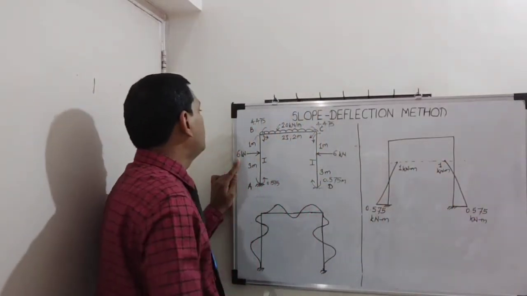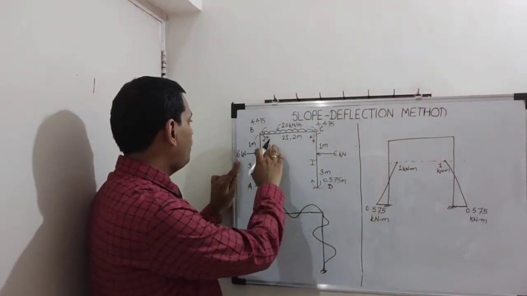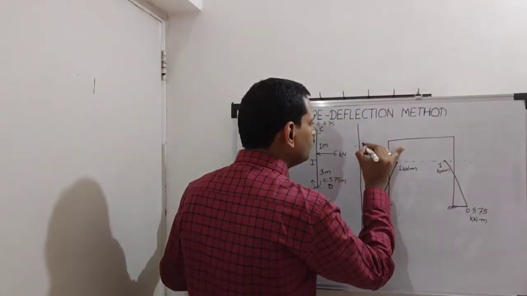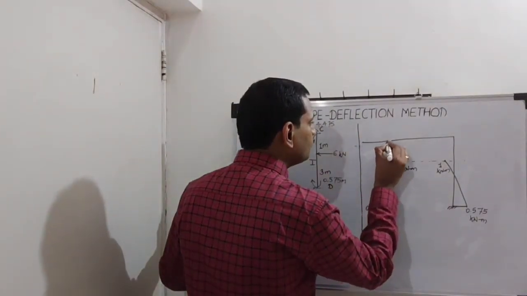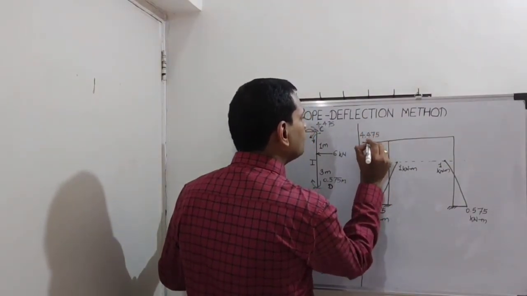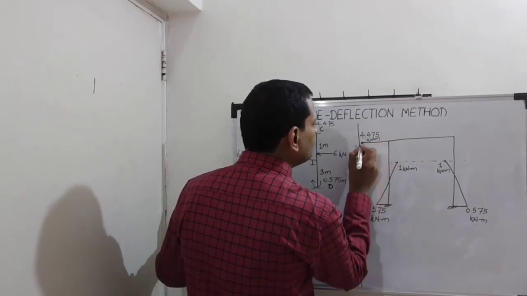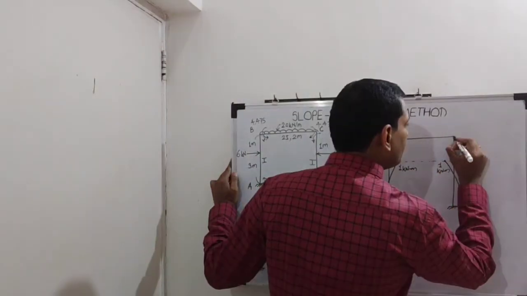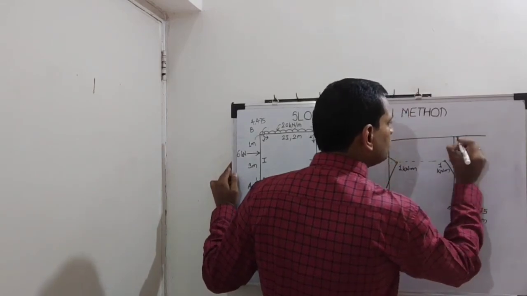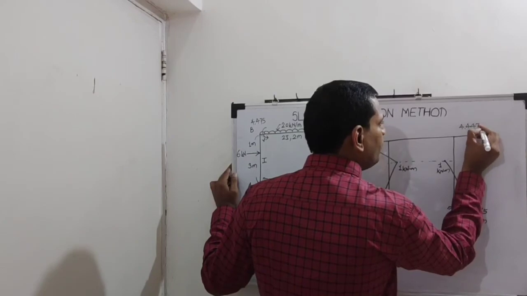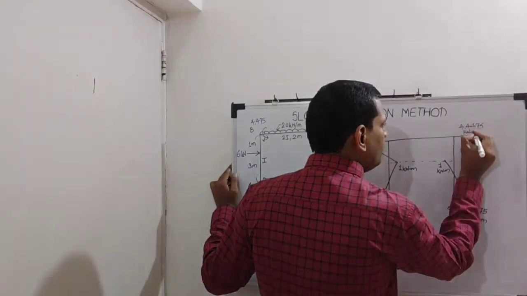Then here 4.475 on left hand side. Here also on right hand side 4.475 kilonewton meter.